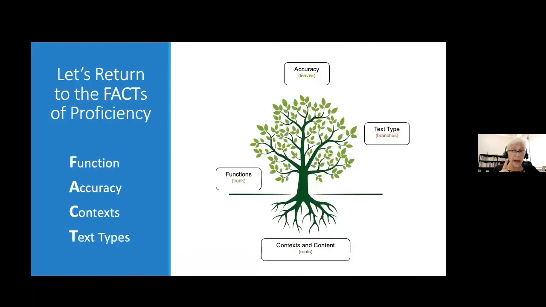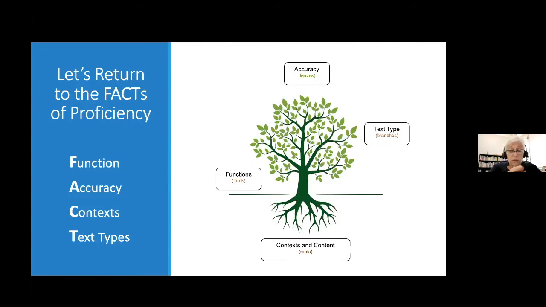So let's go back to the facts. A little bit of reinforcement here, but we're going to use these ideas moving forward. Remember what Bill showed you on the chart, facts being F for function, or the purpose for using language, A for accuracy, but of course accuracy and proficiency has much more to do with comprehensibility rather than grammatical accuracy.